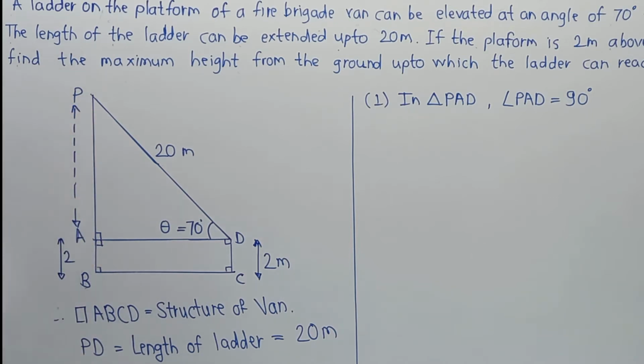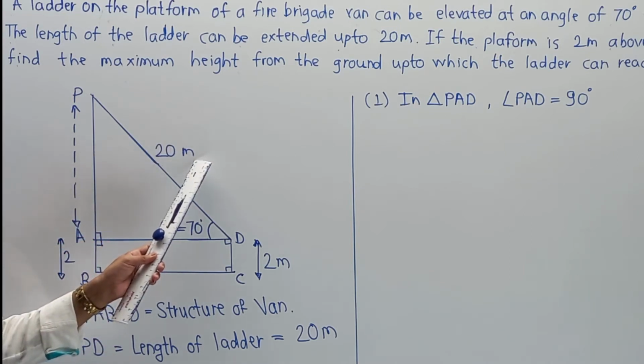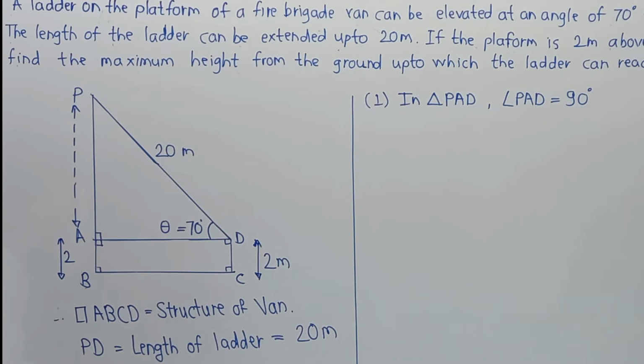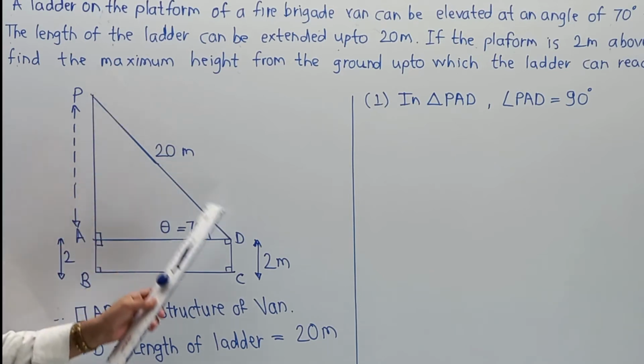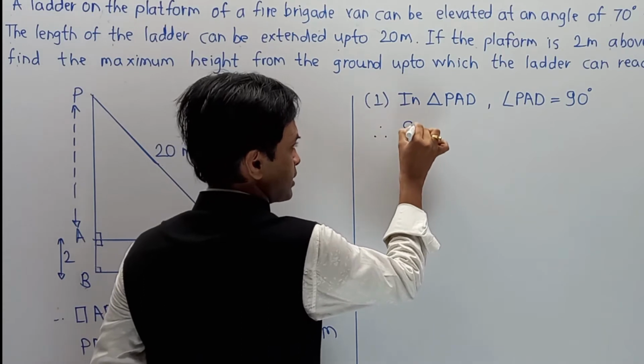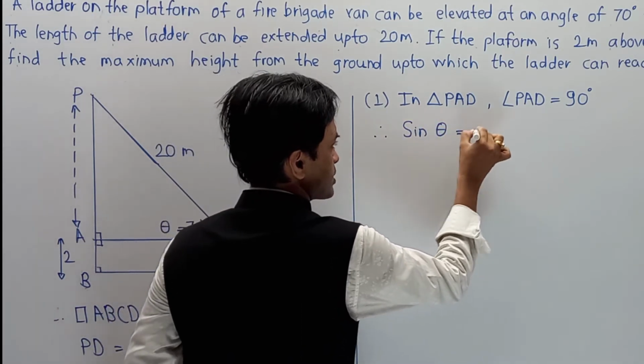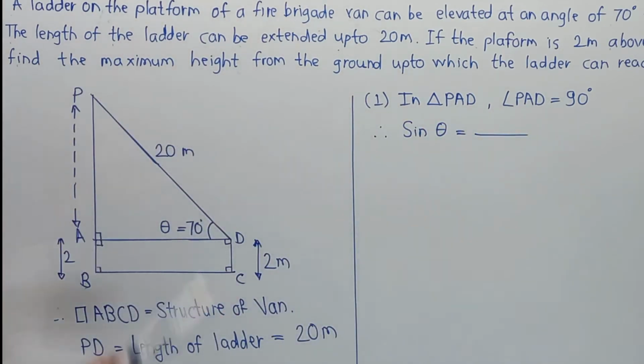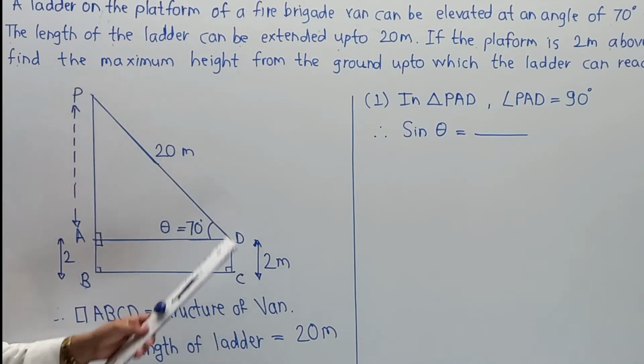Here theta is 70 degree, you need the opposite side and the hypotenuse is with you. Naturally we are using sine theta. So sine theta, or sine 70, is the opposite side, that is PA, divided by PD. So sine theta is equal to, as per the diagram, PA upon PD.